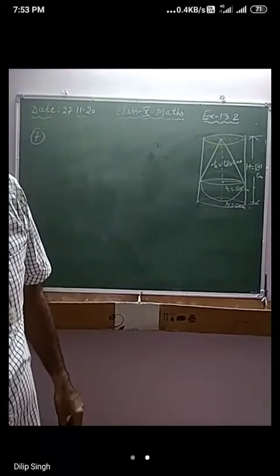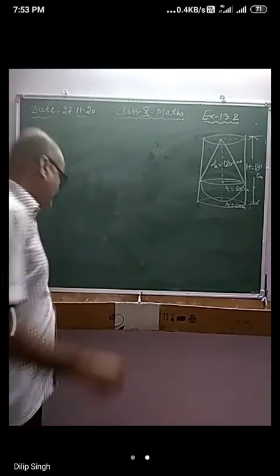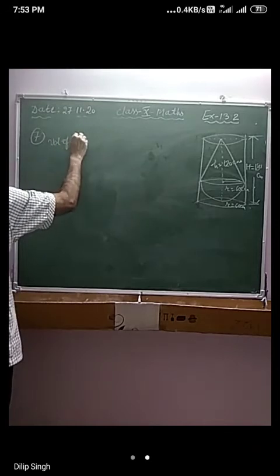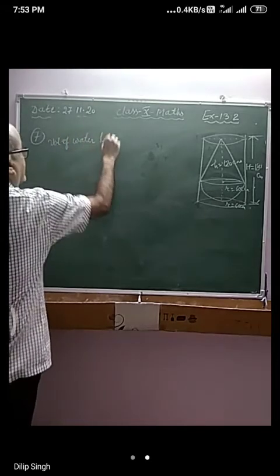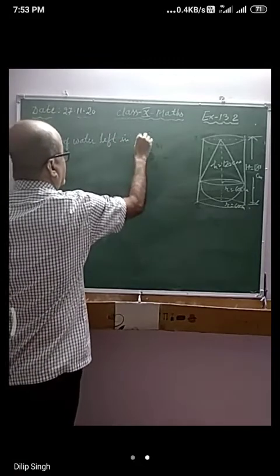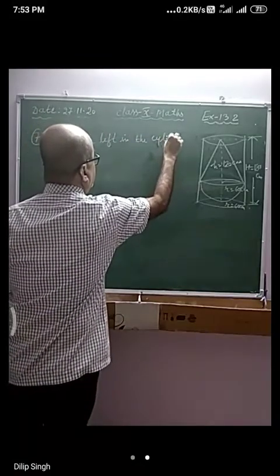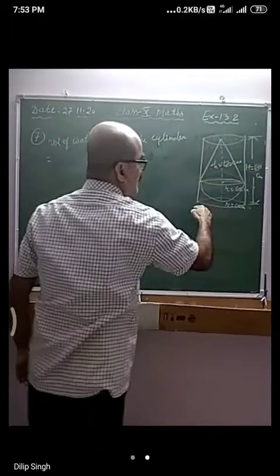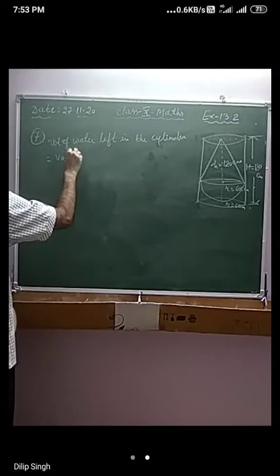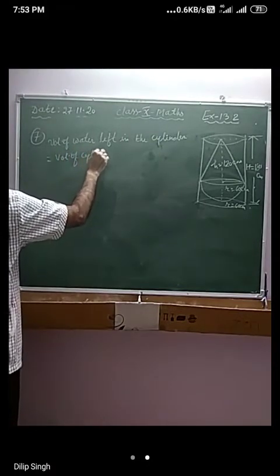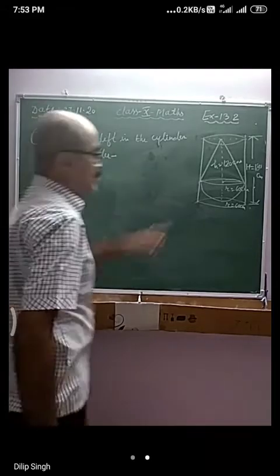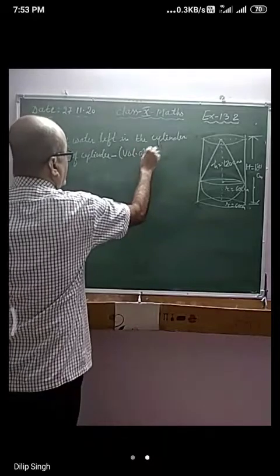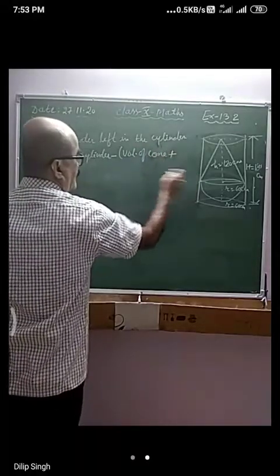Okay, so the volume of water left in the cylinder will be equal to the volume of the cylinder minus the volume of cone plus the volume of hemisphere.